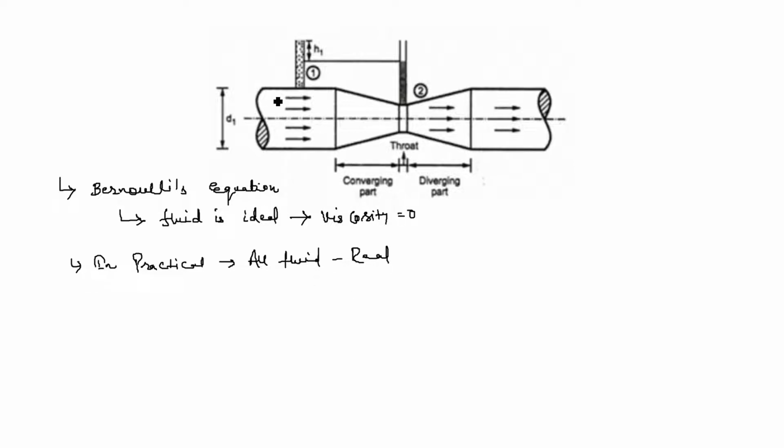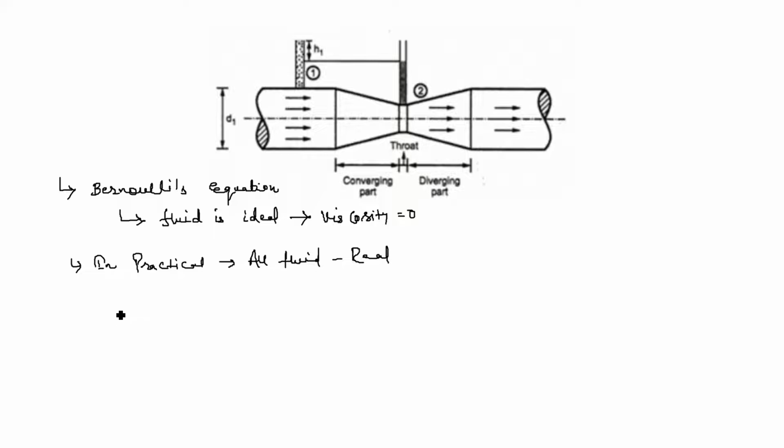So, due to this viscosity, when the fluid flows, there are some losses of energy. So, the actual discharge which we get is lesser than the theoretical discharge which we derive by this formula.